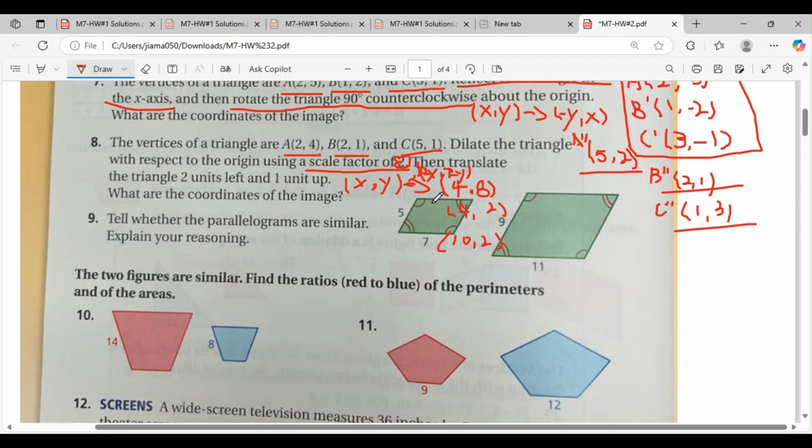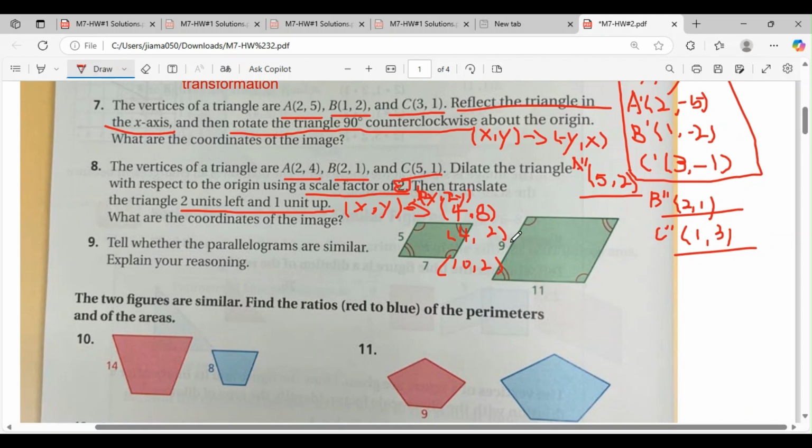Okay, next step. Translate the triangle 2 units left and 1 unit up, which means we should do x minus 2, y plus 1. Okay, let's write it down. Point A is (4, 8).